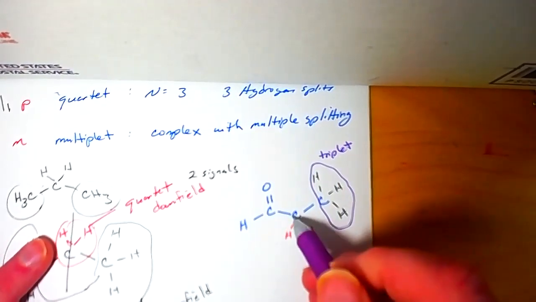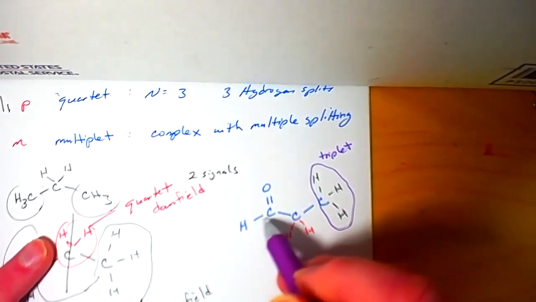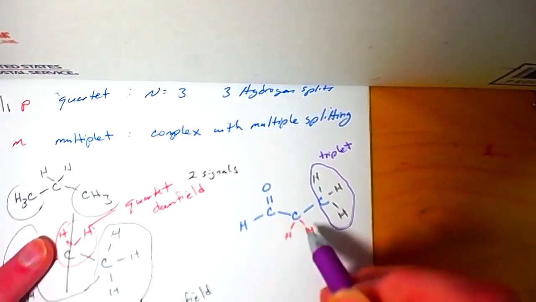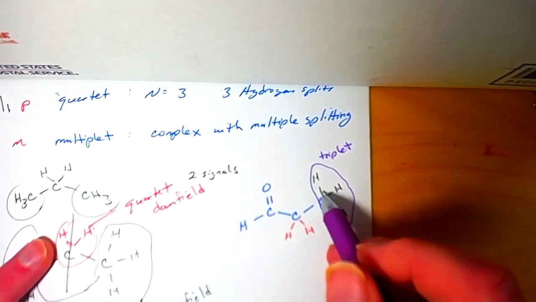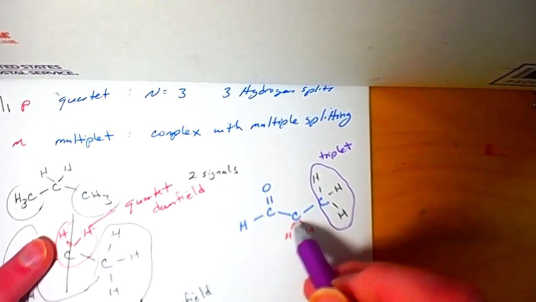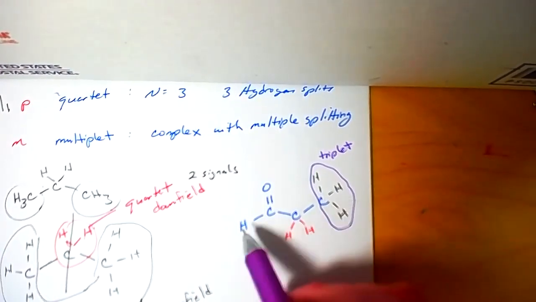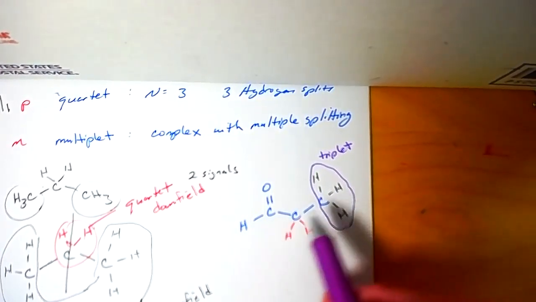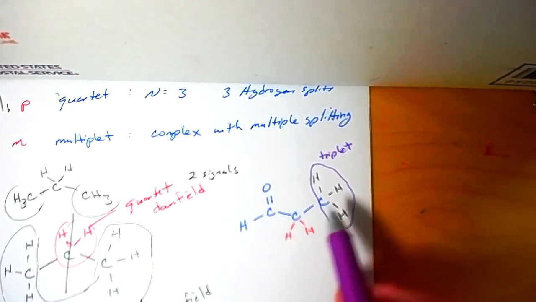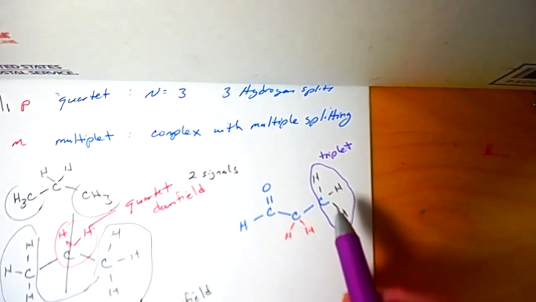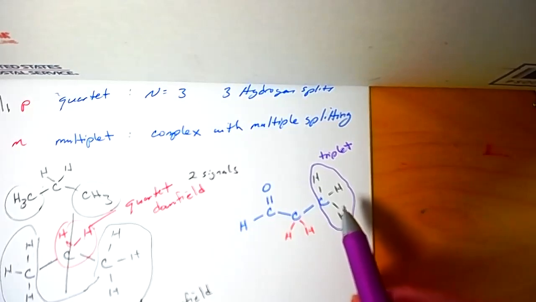Then this guy right here is 1, 2, 3. It'll be split by this guy. And then 1, 2, 3, 1, 2, 3, 1, 2, 3. It's going to be split by that. Now, since both of those are different sets of hydrogens, what you in fact do is you end up multiplying the signal.